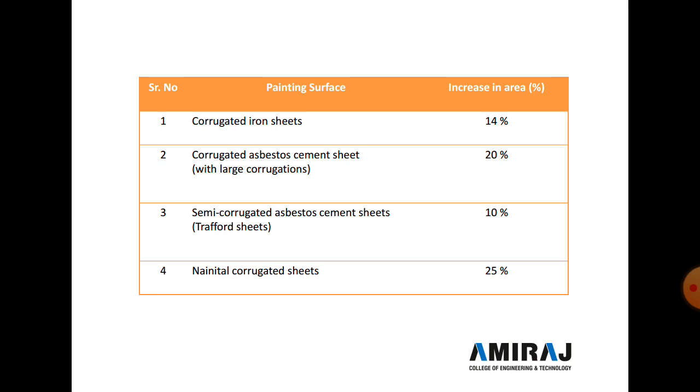Corrugated iron sheet has a 40% increase in area, corrugated asbestos cement sheet 20%, semi-corrugated asbestos cement sheet 10%, and Nainital corrugated sheet 25% increase in area.